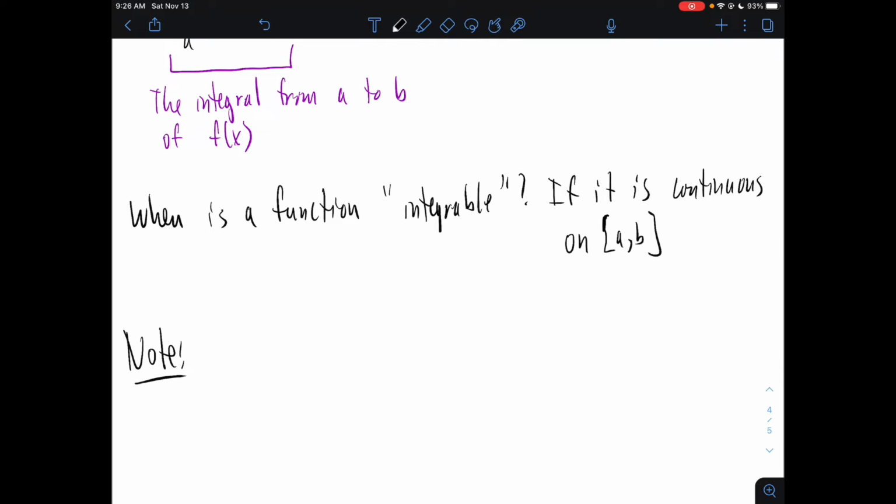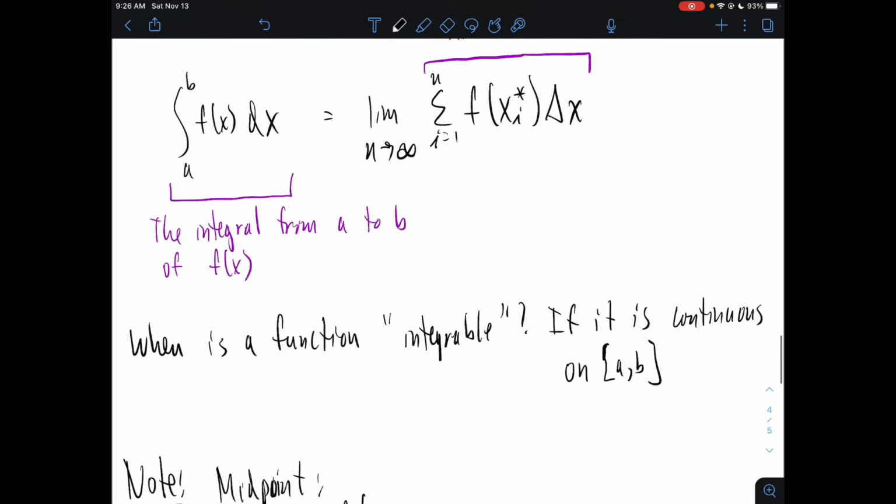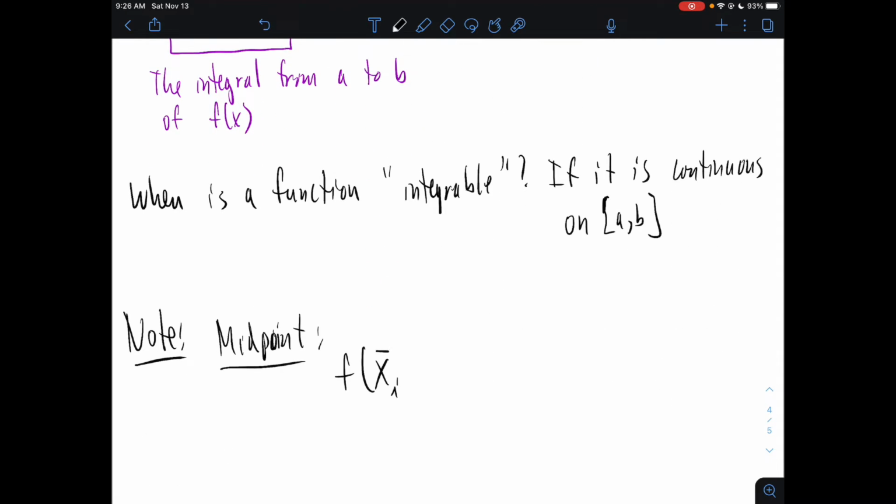So I just mentioned that this section gives you another endpoint to use, the midpoint. And symbolically, instead of x sub I star, it's x sub I with a bar over it. And that bar is standing for average.